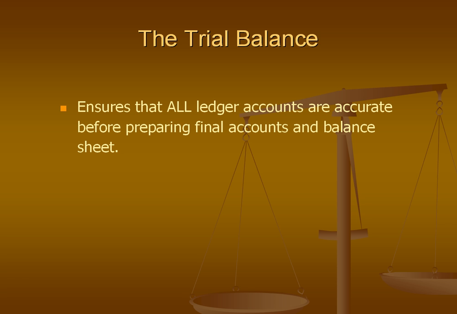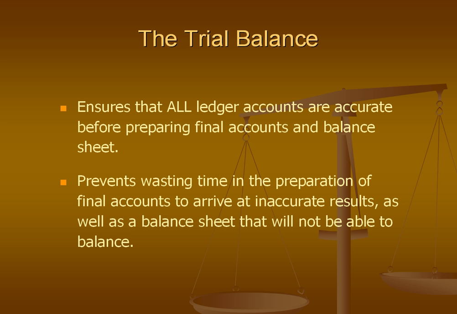It ensures that all ledger accounts are accurate before preparing final accounts and the balance sheet. Further, it prevents wasting time in the preparation of final accounts to arrive at inaccurate results, as well as a balance sheet that will not be able to balance.